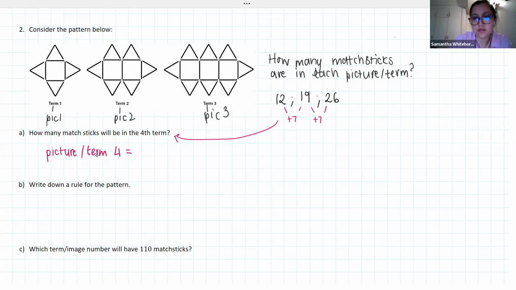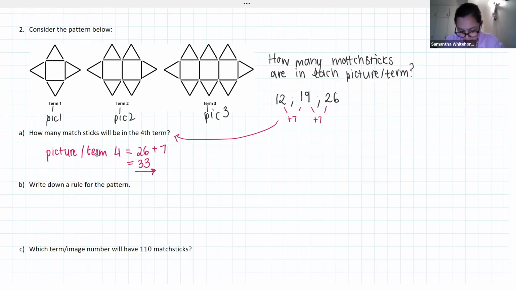I've seen a whole 4 answers. Okay, let's keep going. So remember, we're adding 7. Nice, guys. So we take the last one that we have, we add 7 matchsticks, and we get that there will be 33 matchsticks in picture 4.